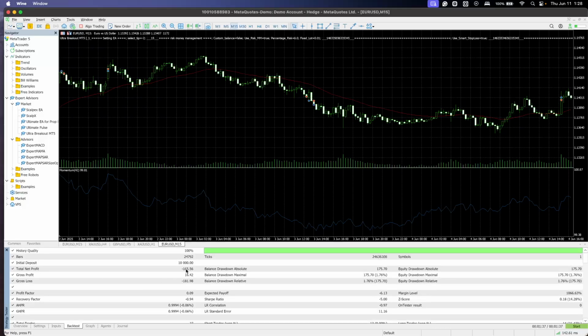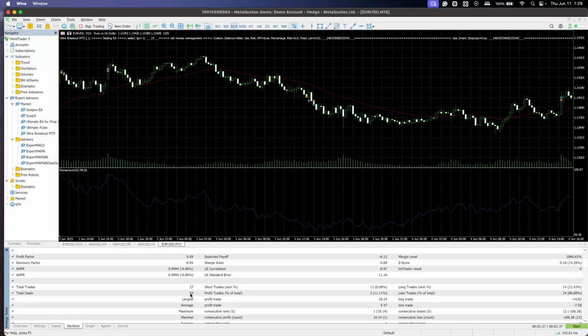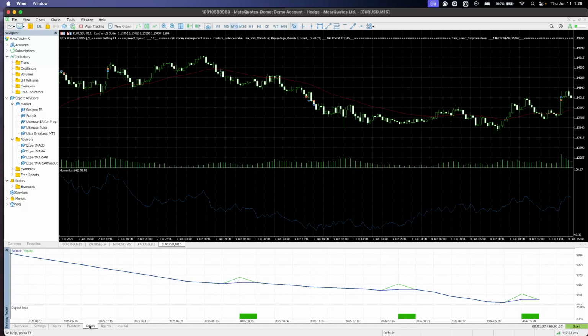Profit factor was a poor 0.09 with only 27 trades total and a win rate of just 11%. Very poor, very poor. And this is the equity curve, just a slow dive to the downside. The equity curve slowly bled lower most of the year with a couple minor recoveries.